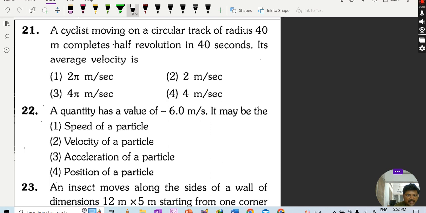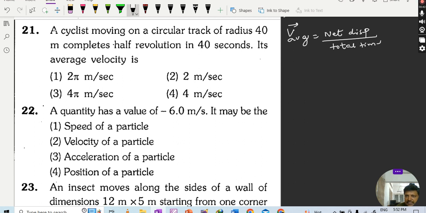A cyclist moving on a circular track of radius 40 meter completes half revolution in 40 seconds. Its average velocity is... My dear children, already you know very well, average velocity is equal to net displacement by total time taken.